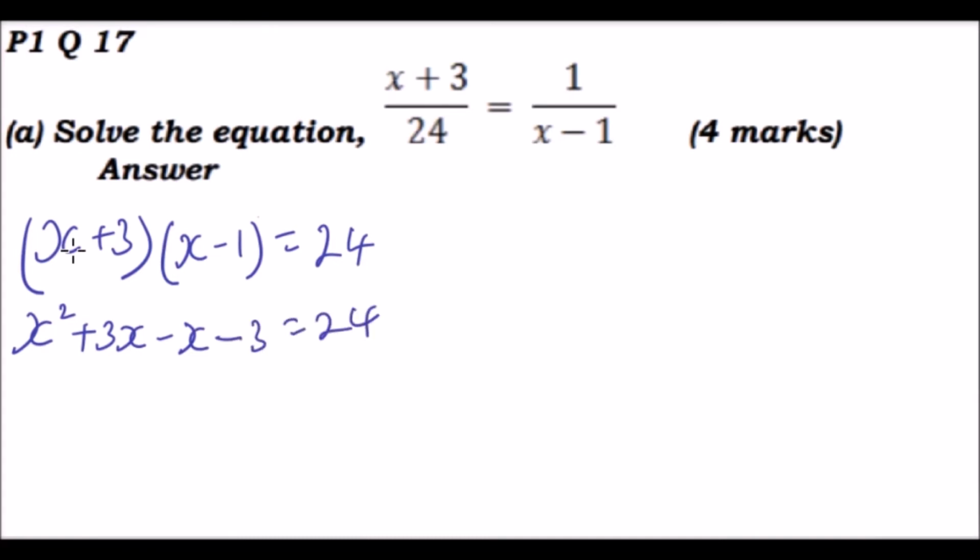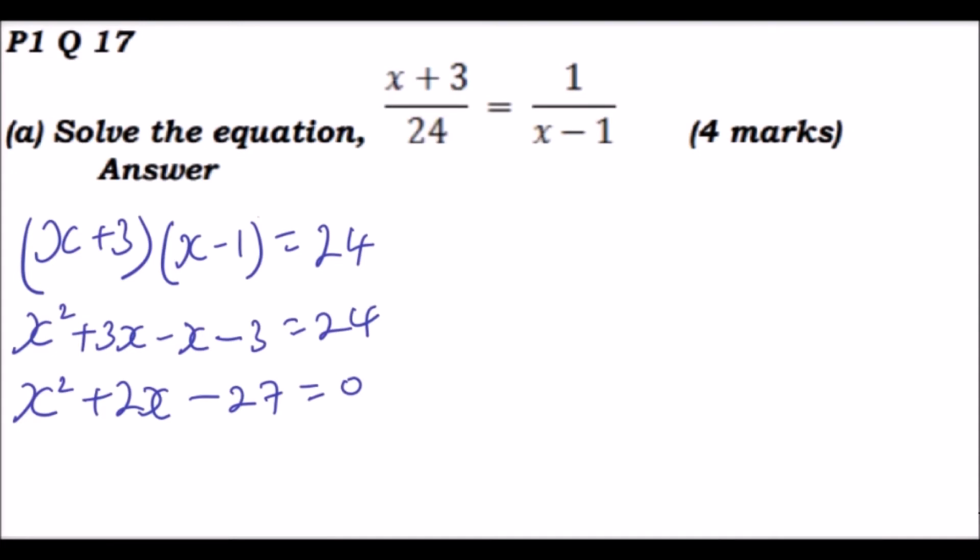You rearrange your equation, you have x squared plus 2x minus 27 is equal to 0. If we try to solve this using the factor method, it's not possible because we can't get two numbers such that when you add them you get 2, when you multiply them you get minus 27.